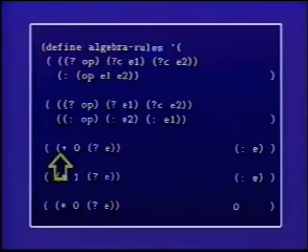Okay? So the sum of 0 and E is E. The product of 1 and any expression E is E. The product of 0 and any expression E is 0. Just looking at some more of these rules, we can have arbitrarily complicated ones.